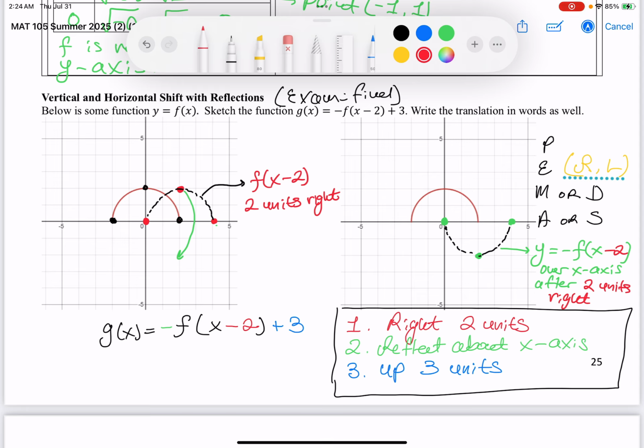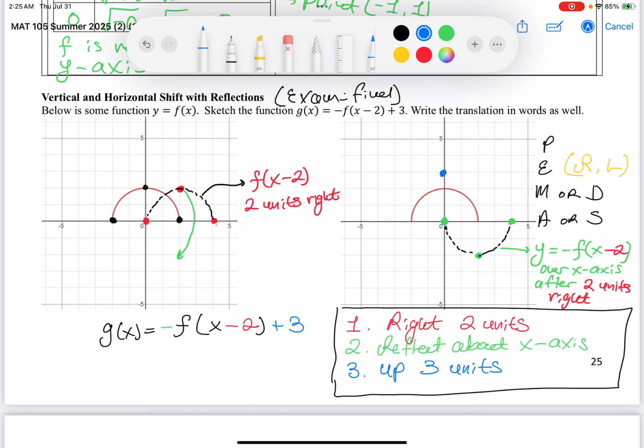Excuse me. And then last but not least, you want to take care of number 3. Because number 3 says after you do that, you want to move the function up 3 units. So that means you're going to take those green points and move every green point upwards 3 units. So the point 0, 0, if you move that up 3 units, that becomes the point 0, 3.